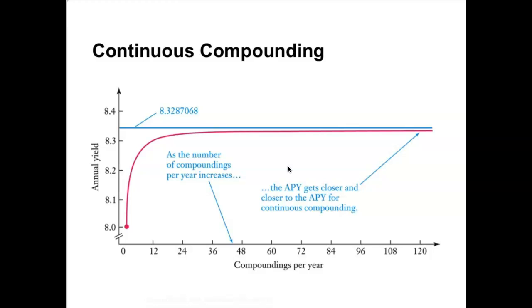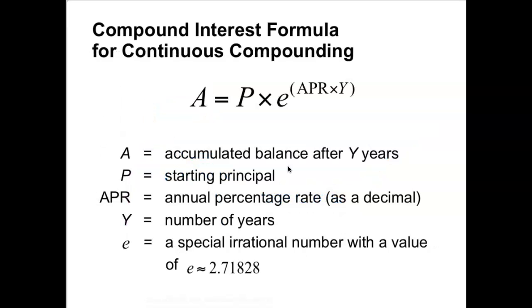All right. And so, like I said, it does seem to be bounded by something, and it is as you increase. So you could compound daily, then you could compound every hour of every day, then every minute of every day, then every second of every day. And eventually, we get what's called continuous compounding. That's where your account is compounding at every possible moment.